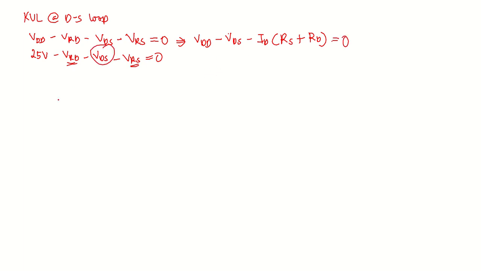Since we are after the value of VDS, our VDS is equal to 25 volts minus IDQ, which is already computed, 2.588 milliamperes, times RS, which is given as 1 kilo ohm, plus 3.3 kilo ohms.